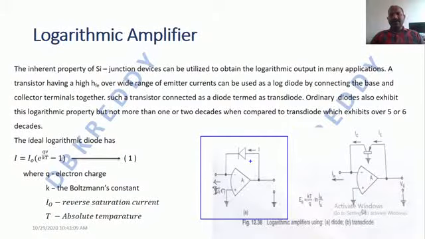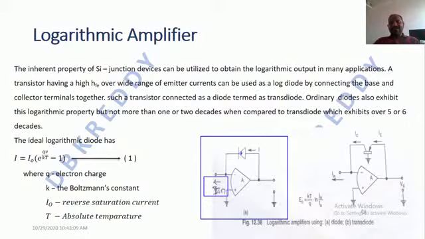We will come to that point, but let us see what exactly is happening when we use the diode in the feedback path to get the output of the amplifier in terms of the log. On the screen you have the operational amplifier connected with input current IN. I am assuming the input current is IN.